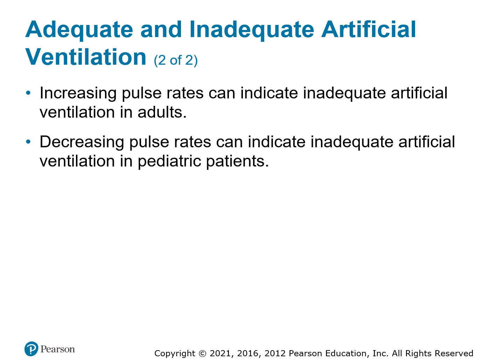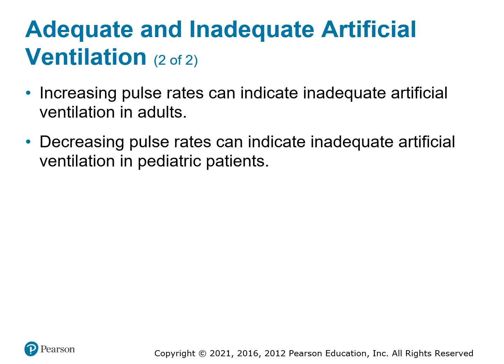So if we have an adult patient that we are artificially ventilating, a nice way to make sure that we're doing it properly is to keep an eye on that chest rise, keep an eye on those O2 levels, keep an eye on those end tidal levels, what have you. But a pretty clear-cut sign that you are doing inadequate artificial ventilation is that an adult's pulse will go up.